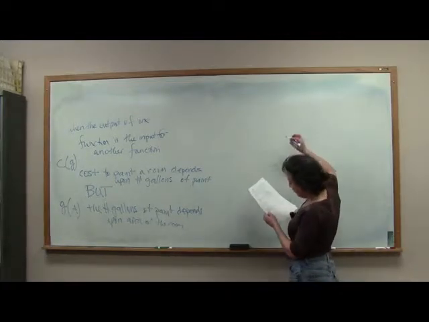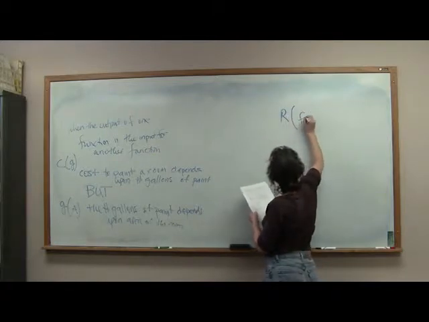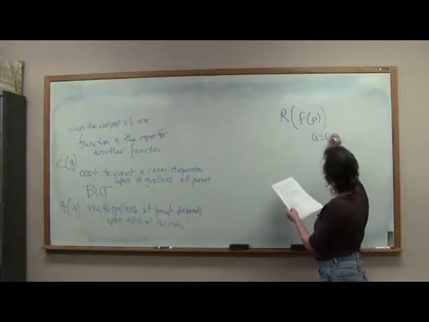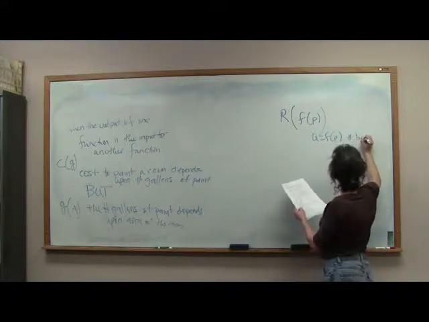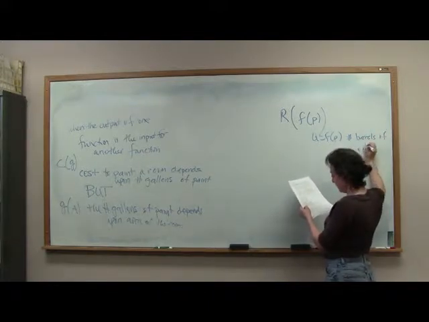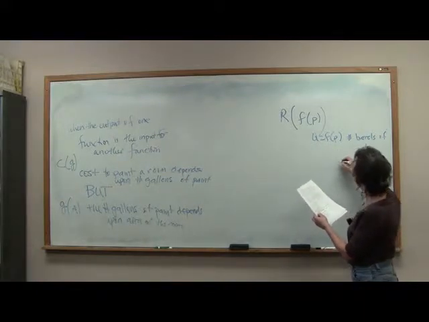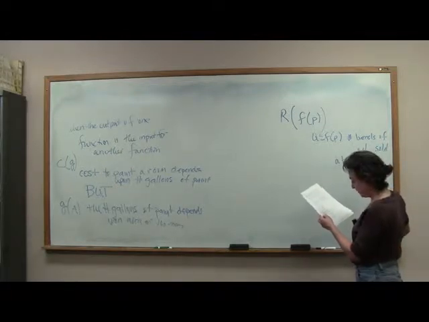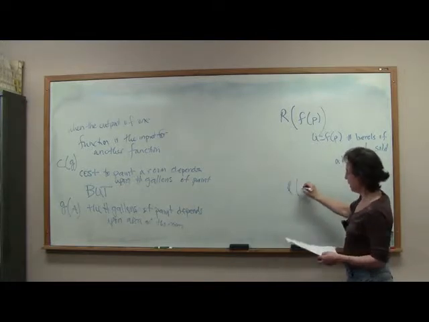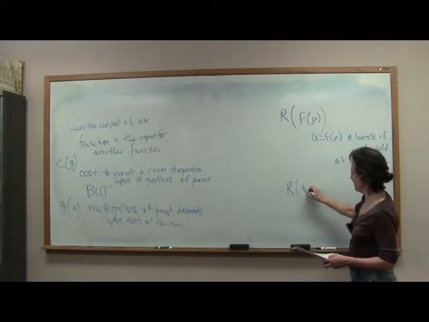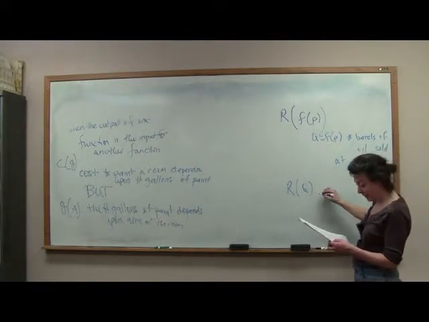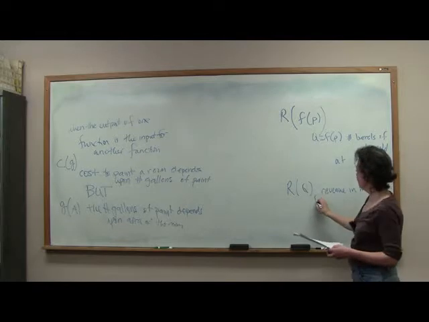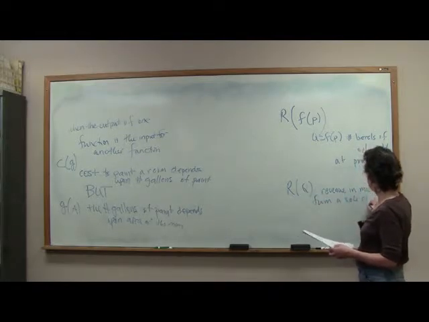All right, so what we're given here is we have R of F of P, and it says where Q, which is F of P, is the number of barrels of oil sold by a company at price P. And then we say that, I hate how this book throws in so many different things, R of Q, I would just keep it as F of P, is the revenue in millions from a sale of Q barrels.